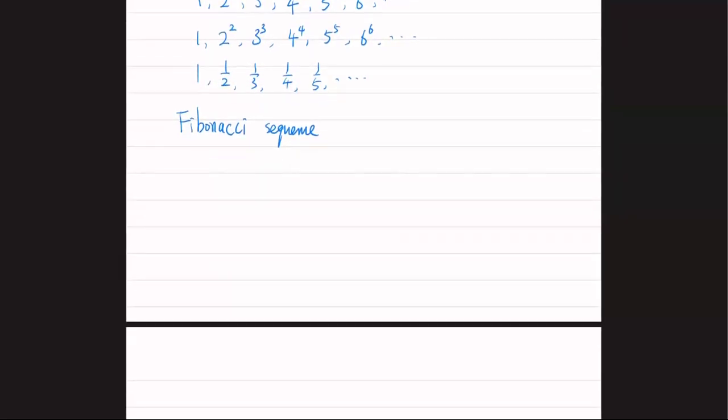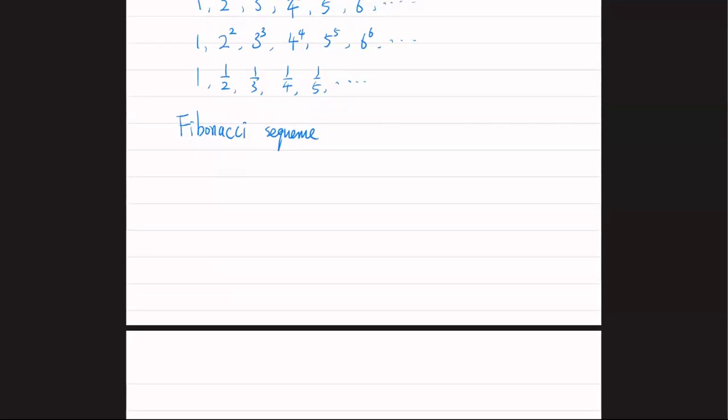It's like one, and you add the previous two, so it's 2, and then 3, and then 5. Okay, yeah. Each time we add the previous two; we're given the first two and the remaining ones are defined recursively.